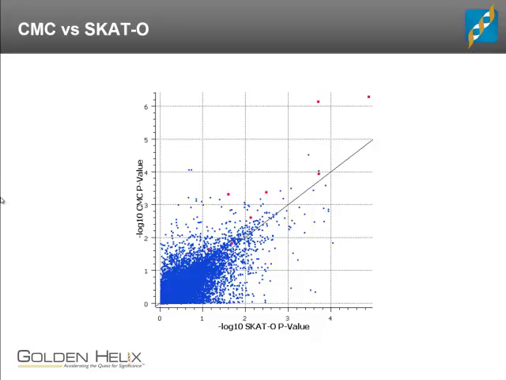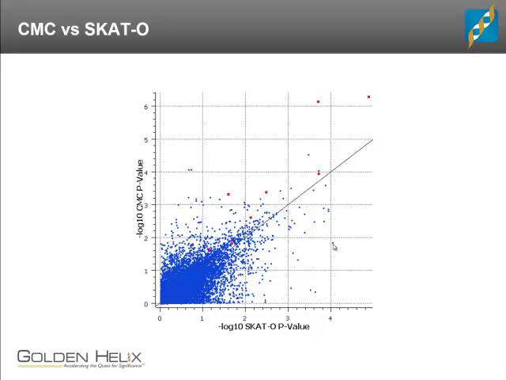On the other hand, you look at something like this gene over here to the right, it's RSPH10B, which was the 2nd best overall result in SKAT-O, but in CMC, it's down quite low in significance. The interesting thing here, when you go look at it, is that there were several influential variants in both directions.